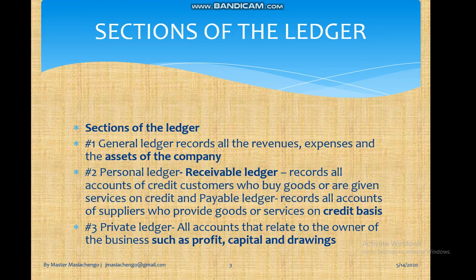Sections of the ledger. This is the detail that I've decided to give you on the ledger. Let's start with the general ledger. The general ledger records all revenues. I think you know what revenues are: the income that we receive from sales after selling goods, whether on credit or on cash basis.